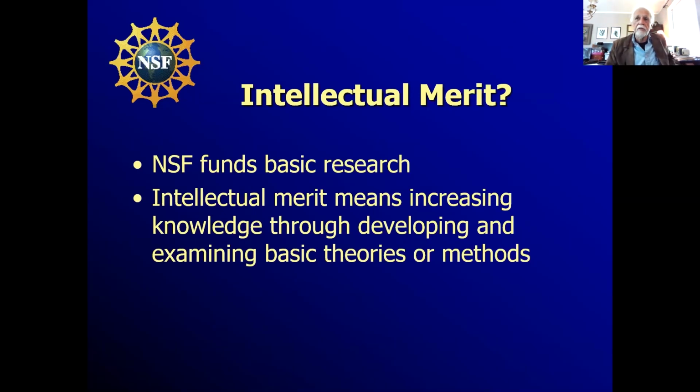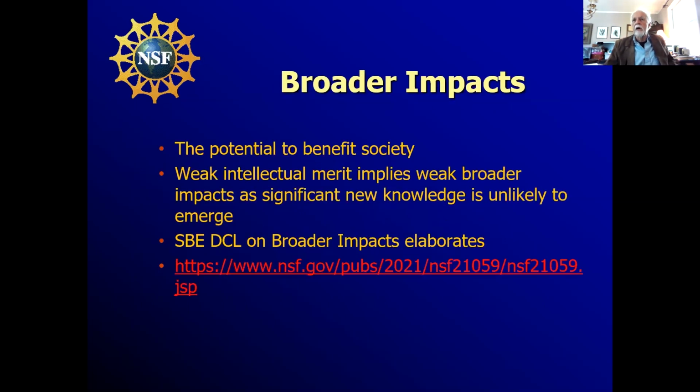Again, I'm not discouraging you from proposals that address contemporary issues or dilemmas, quite the opposite. We need more of that, but we fund basic research. Broader impacts, essentially, as I was saying, is the potential to benefit society. Now, it's not entirely orthogonal to intellectual merit.